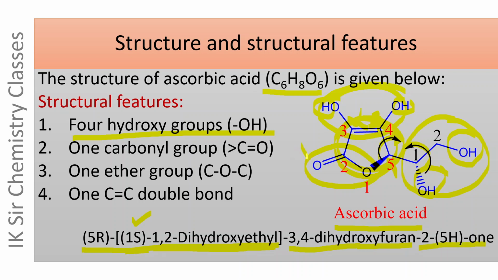Ketonic group is present at position number 2 and there is only 1 hydrogen atom in the furan moiety and it is at position number 5, and hence its complete IUPAC name is 5R-1S-1,2-dihydroxyethyl-3,4-dihydroxyfuran-2(5H)-one. It is a complicated one, but it can be understood easily.